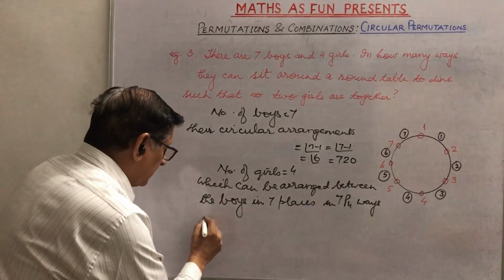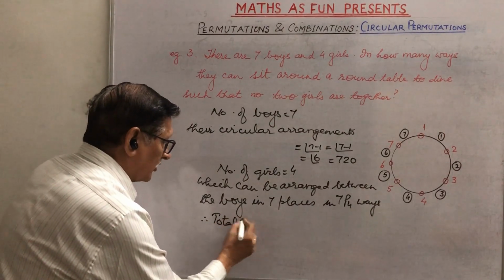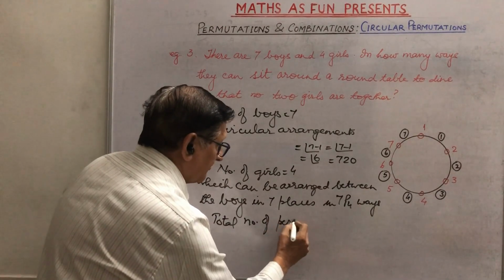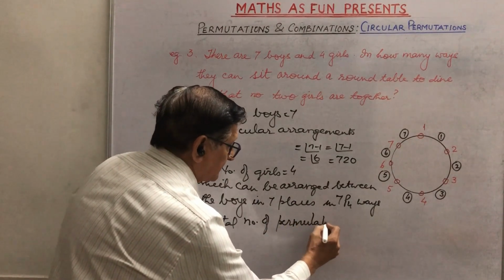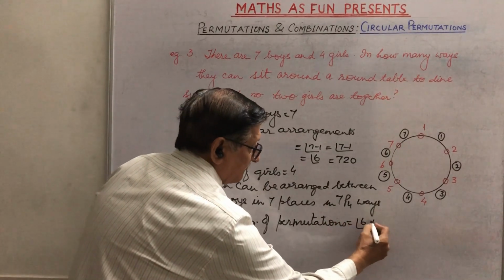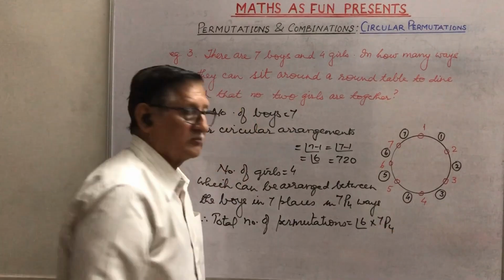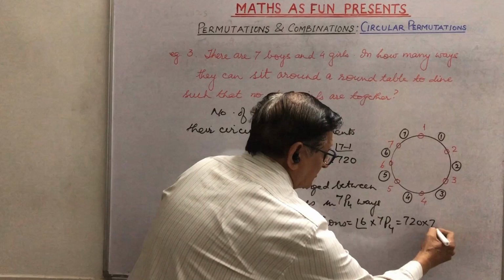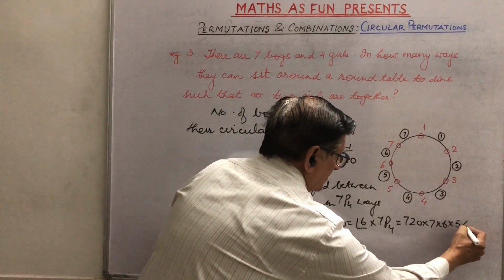So the total number of arrangements, or total number of permutations, will be factorial 6 into 7P4. That is 720 into 7 into 6 into 5 into 4.